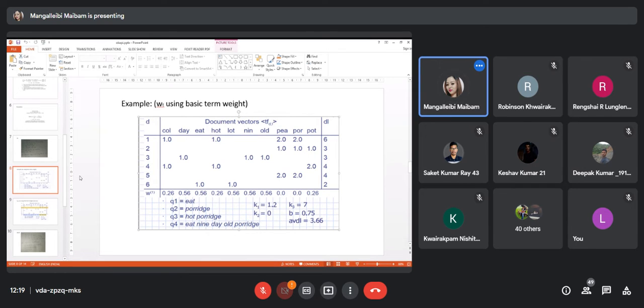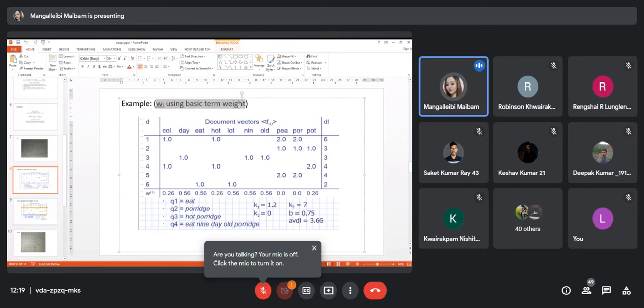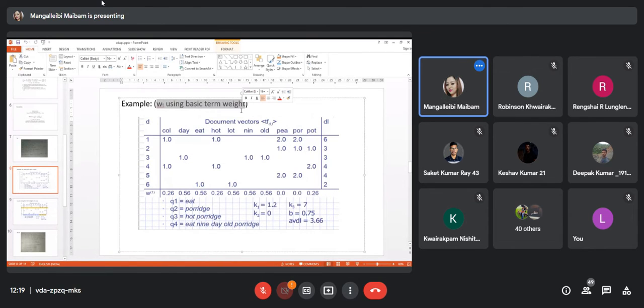Here it says using basic term weight, that means the first formula without small r and capital R. You have to use that formula for finding WT. The other calculation remains the same, because K1, K2 are already given parameters, and the DL you have to find from this frequency table, so that is different, right? So the important thing is calculating the weight WT.